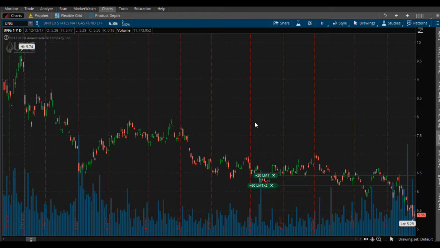As you can see, I actually am pretty heavy in UNG. As you all know, I naked sold 50 contracts at 6, and so I'm pretty heavy in UNG, and I'm pretty far down on this position right now. But I just don't know how much farther down we're going to see UNG move.